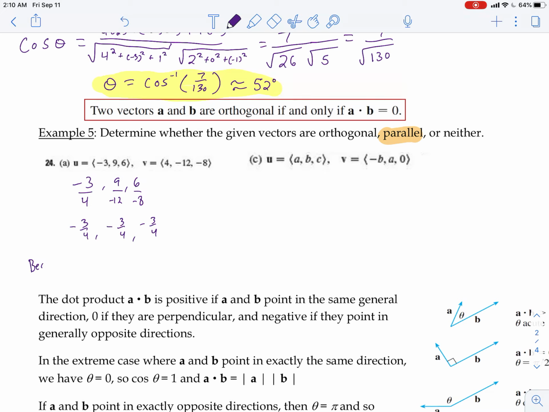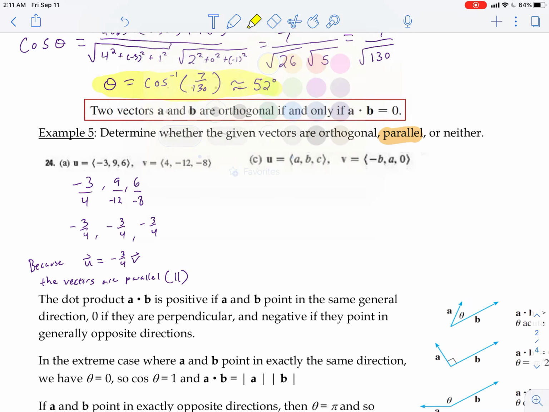So I'll say because vector u is equal to negative 3/4 vector v, the vectors are parallel. And again, you can use the parallel symbol if you'd like, just like two straight vertical lines.